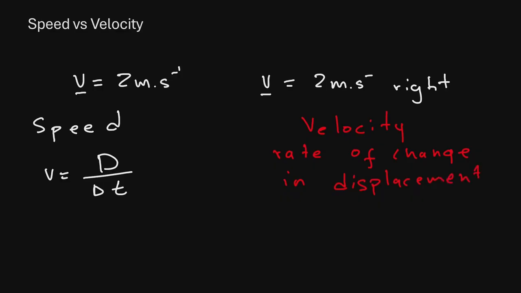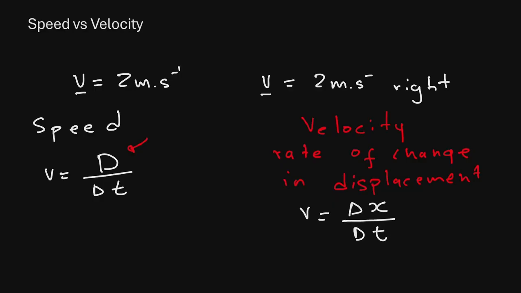Because velocity is a vector, we must use displacement, because displacement is a vector. And because speed is a scalar quantity, we must use distance, which is a scalar quantity. So the formula for velocity is change in displacement over change in time.